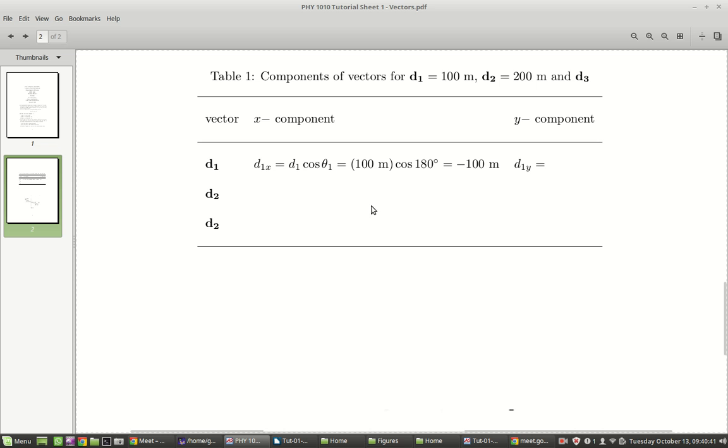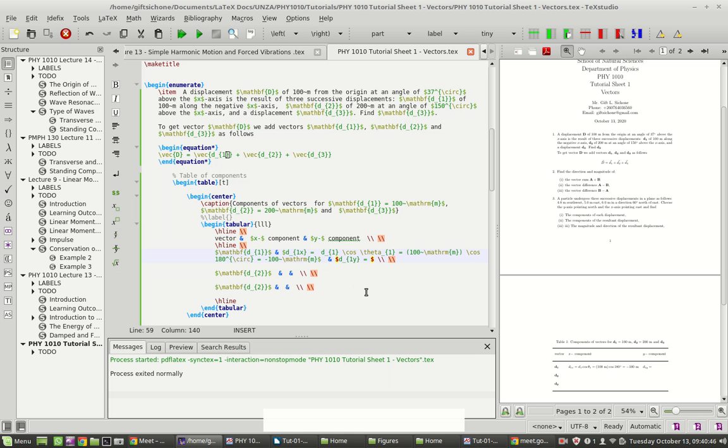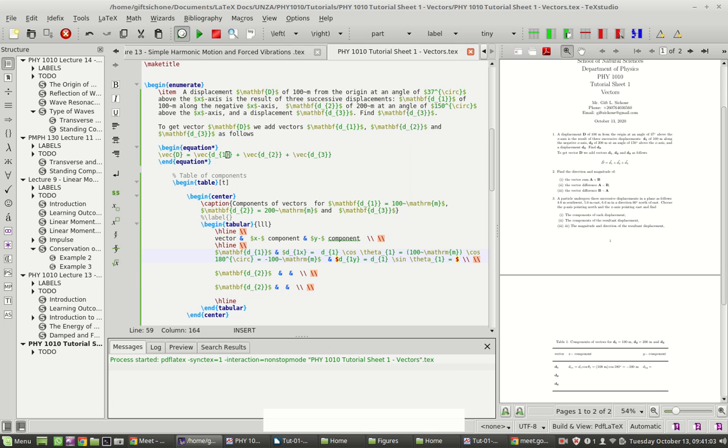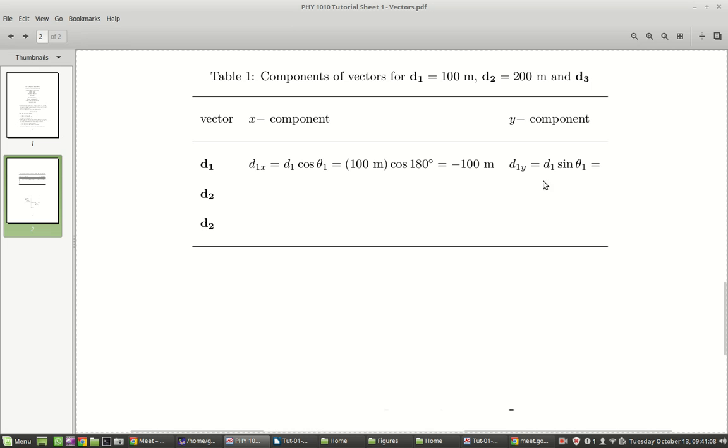It is the magnitude of vector d1, multiplied by the sine of the angle that it makes with the positive x-axis. Exactly. We get the magnitude of vector d1, then the sine of the angle it makes.